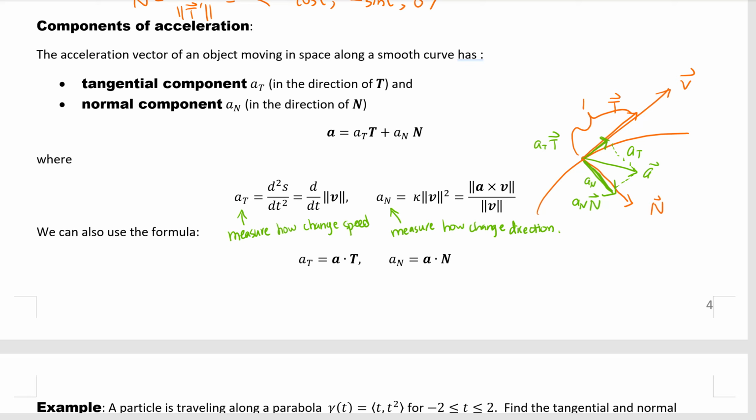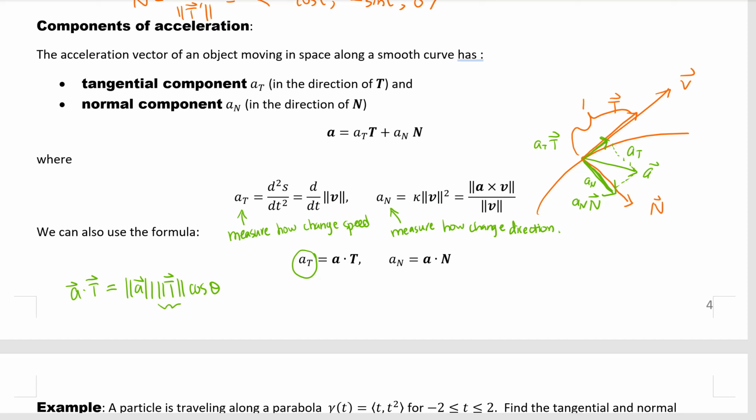Okay, so how do we measure A_T? We use A dot T. Remember that A dot T equals the magnitude of A times the magnitude of T times cosine theta, where theta is the angle between them, right?